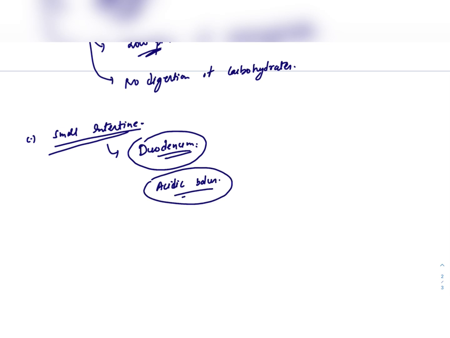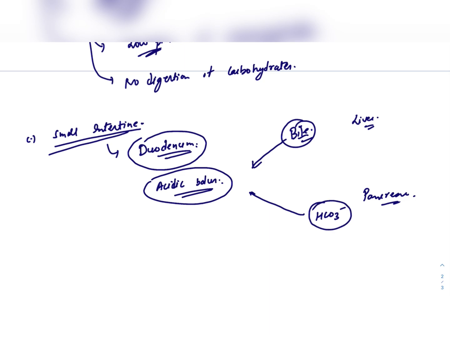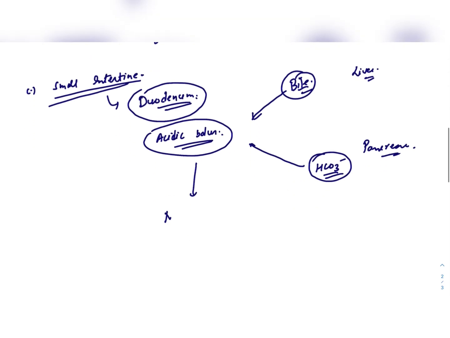This acidic nature of the food bolus first has to be neutralized. So for neutralization, your pancreas secretes some digestive juices, like bicarbonate, and your liver secretes bile. So due to the secretion of bile and bicarbonates, this acidic bolus becomes neutral.